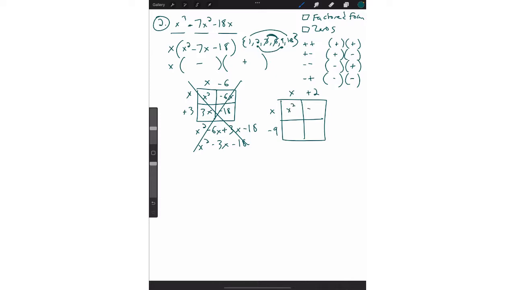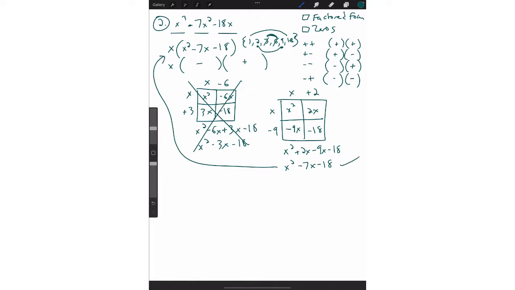X squared, 2x, negative 9x, negative 18. I add up everything that's inside the box, 2x minus 9x minus 18. I get x squared minus 7x minus 18. Is that the same exact thing as what we started with up at the top? The answer is yes.